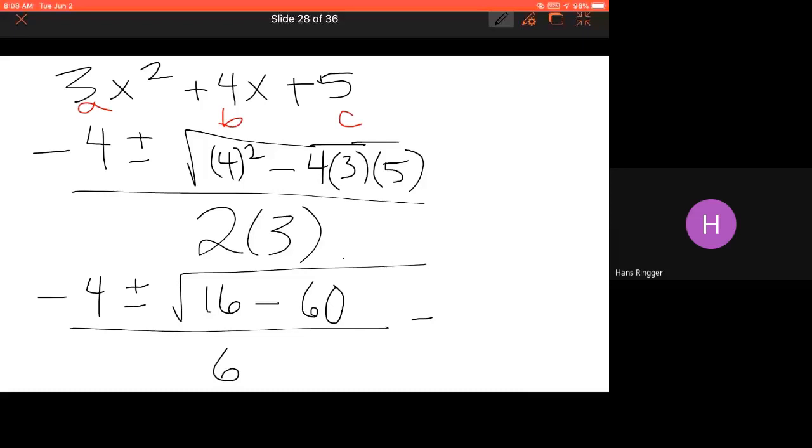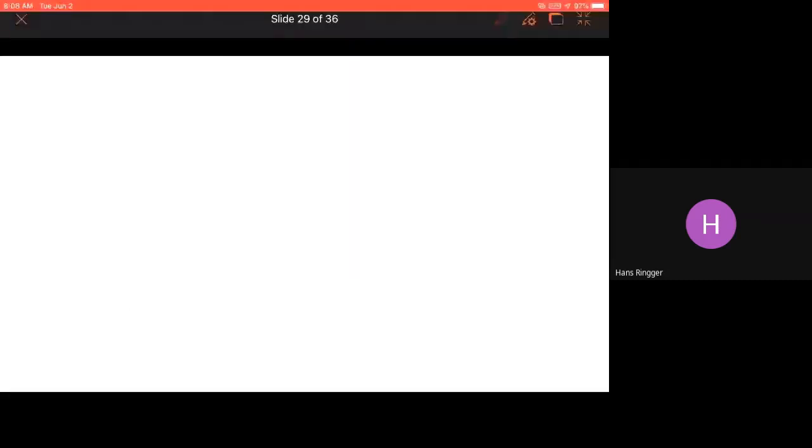Let's do one more step while we're here. So we got negative 4 plus or minus the square root of negative 44 divided by 6. All right, so here's where we're going to break it into our two options.